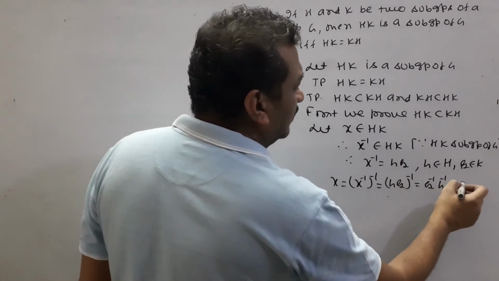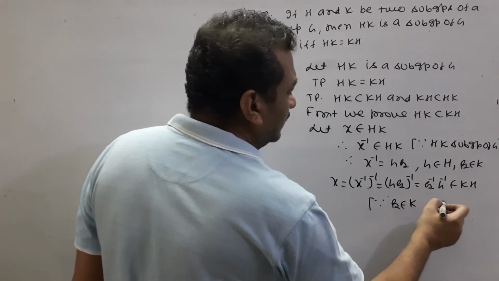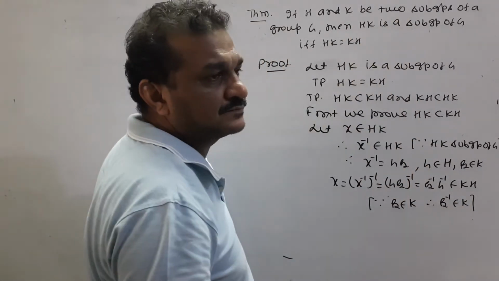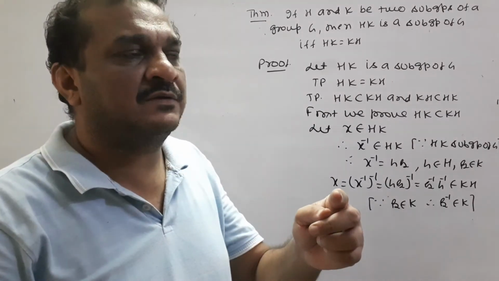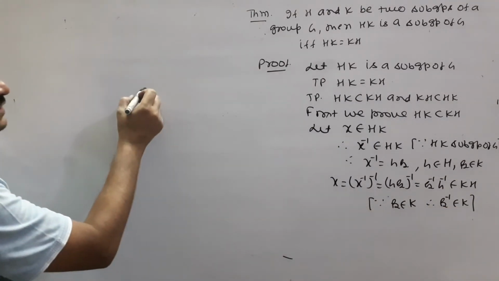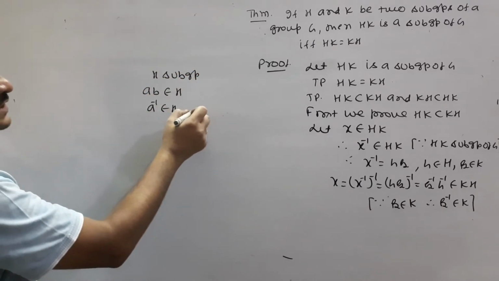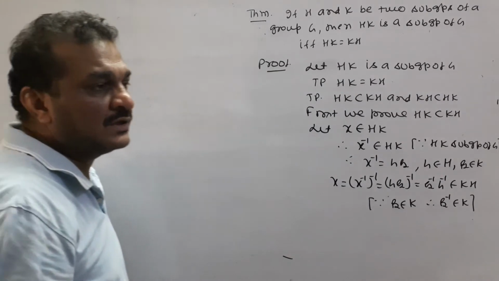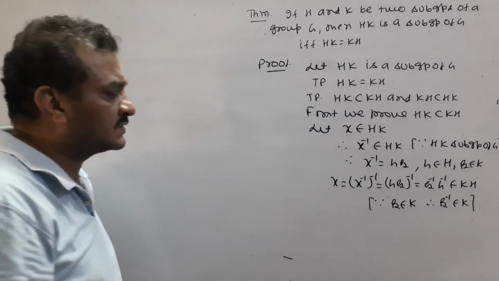Beta, this one belongs to KH because k belongs to K. So k inverse belongs to K because K is a subgroup, inverse exists. In my last video, beta, in the theorem proof, we used some properties: H is a subgroup, so a, b belong to H, a inverse belongs to H, a belongs to H. So use this, or we can use the definition, because H is a subgroup if it satisfies four postulates: closure, associative, identity, inverse.